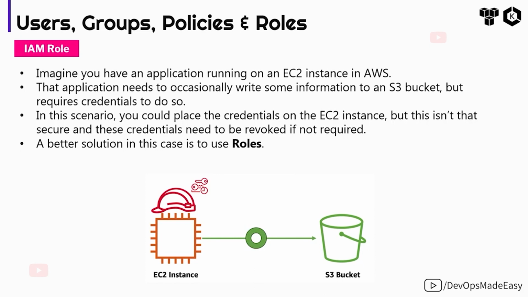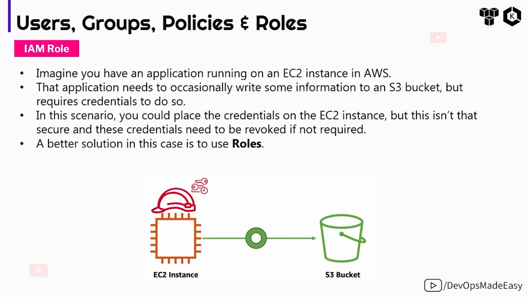So in this case, what will happen? I'll use roles. Roles are like users, but roles are meant to be used with services. If a service needs to access any other AWS service, that particular service should have the permission to access the other services. This sort of account we call a role inside an AWS account.